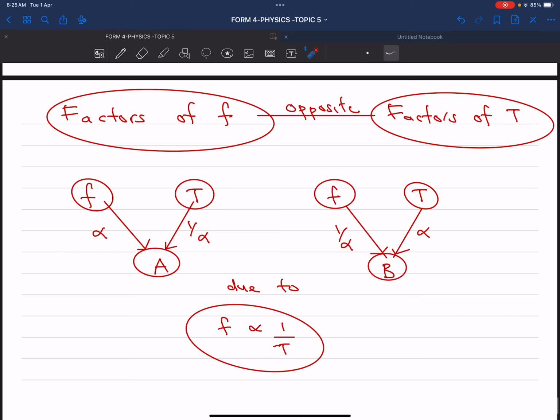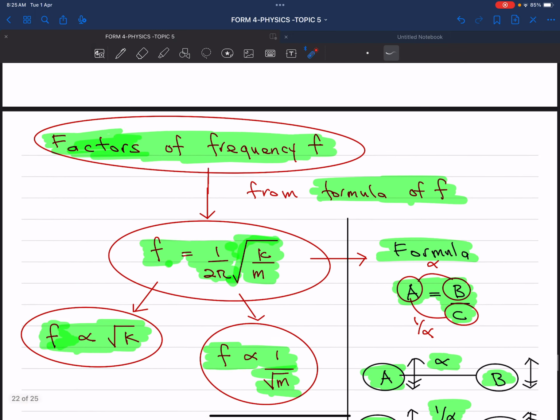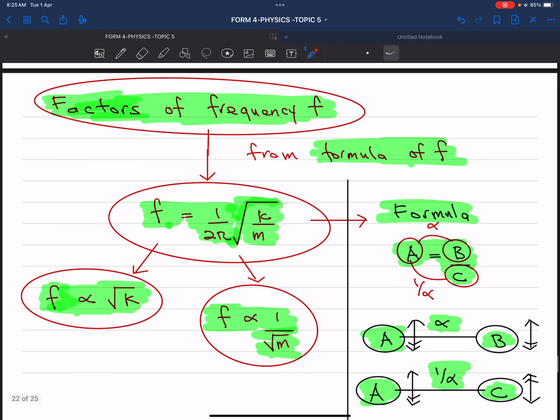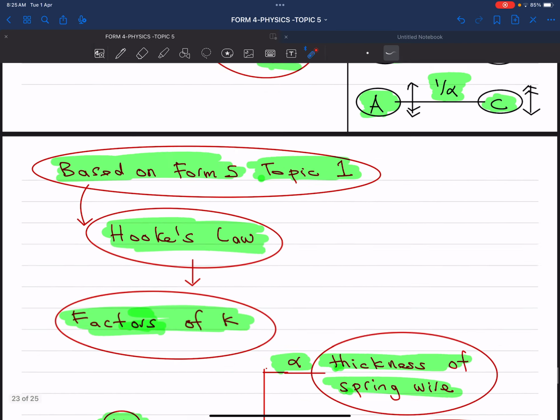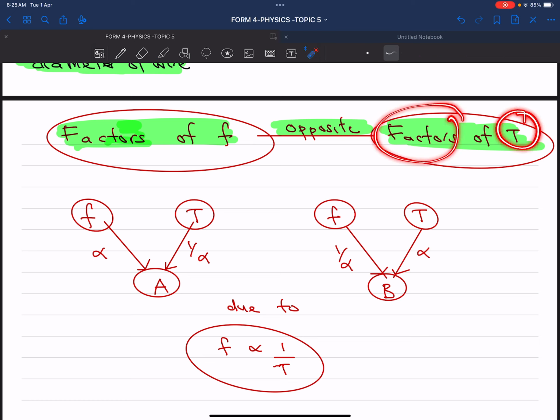Next. So far, what we have learned is the factors of frequency. How about the factors of period? The factors of frequency are the opposite of the factors of period.